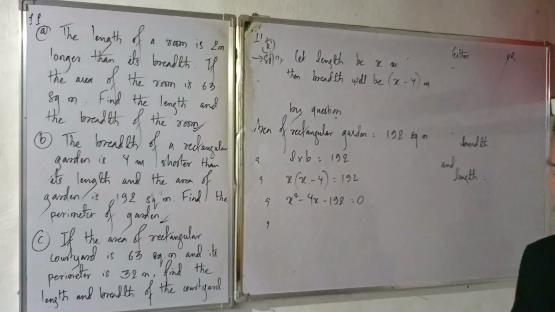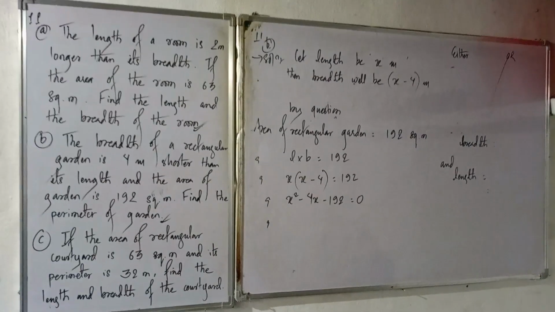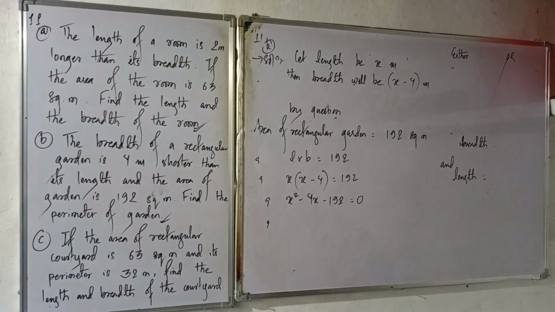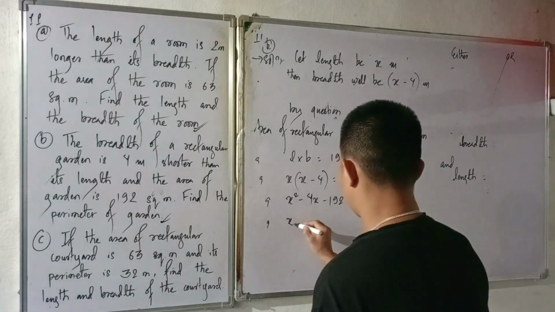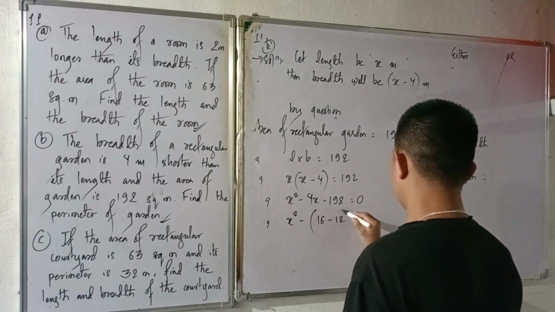Now you factorize that part. 16 times 12 is 192, 16 minus 12 is 4.